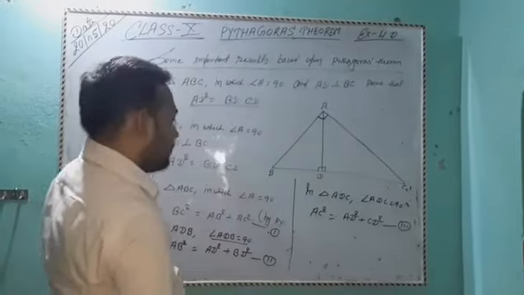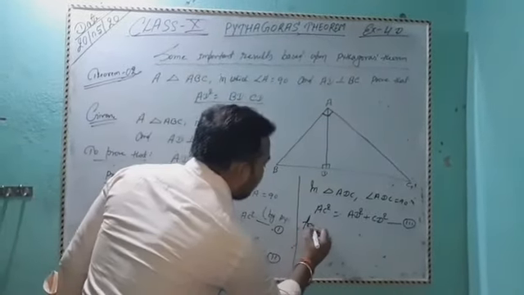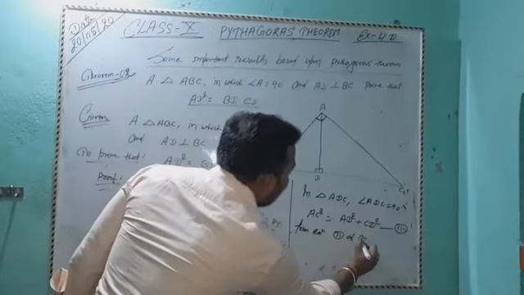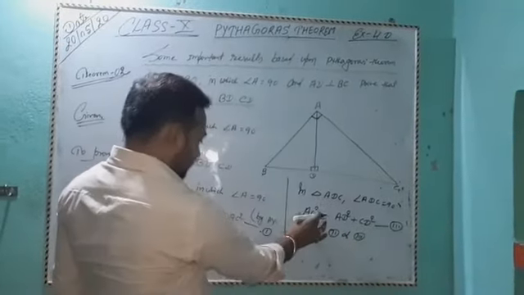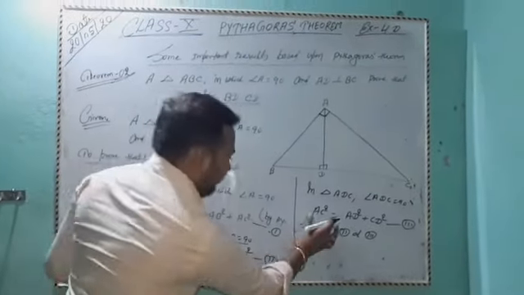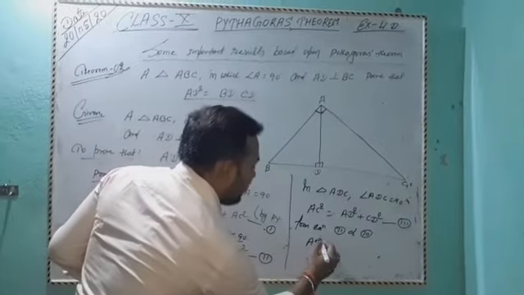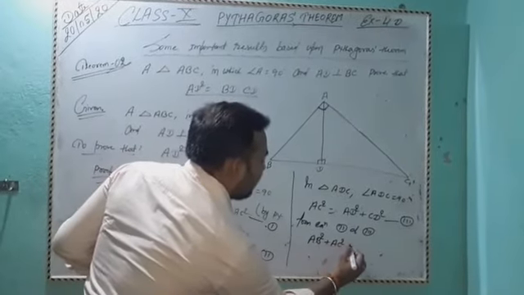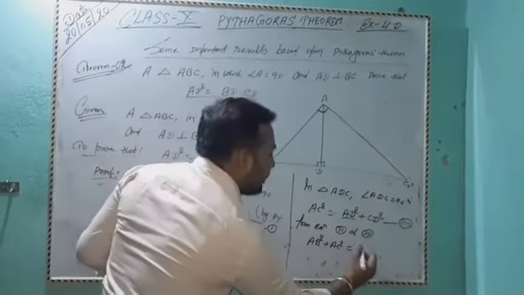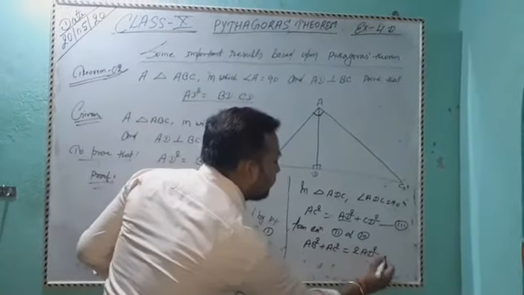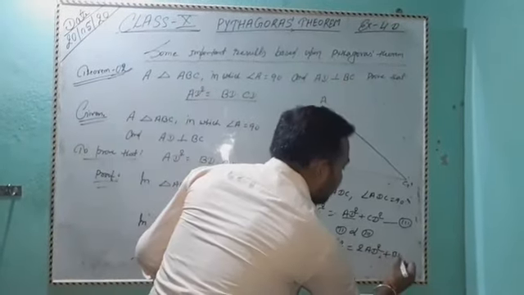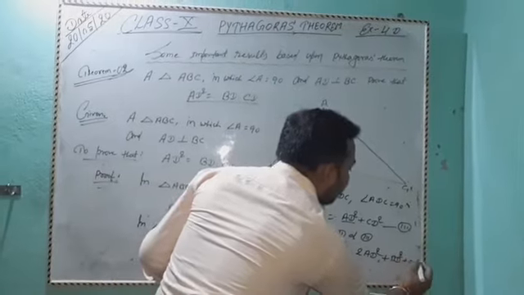And from equation 2 and 3, AB square plus AC square equal to AD square and AD square, 2AD square, plus BD square plus CD square.